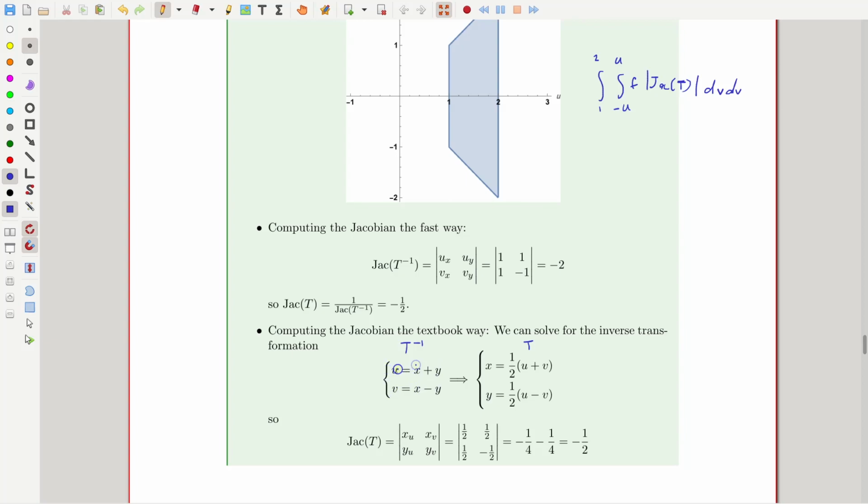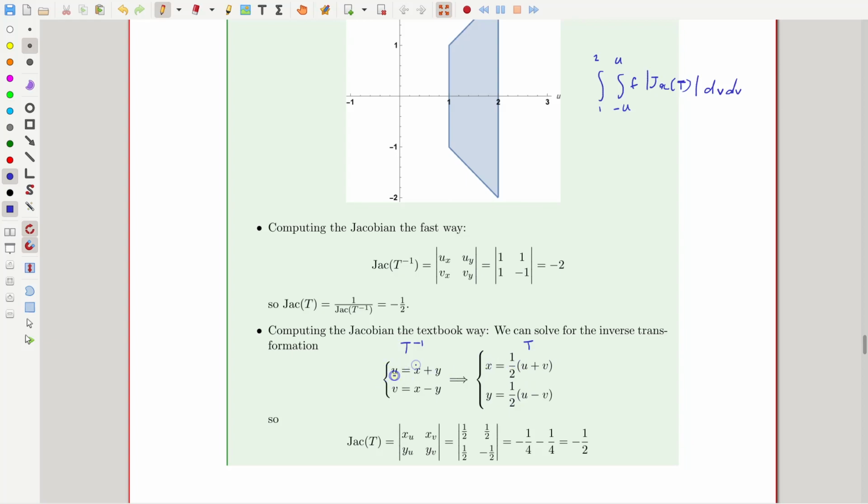If I add these two equations, the left-hand side gives me u plus v. The right-hand side gives me 2x, right? The y's cancel. So we have 2x is equal to u plus v. Dividing by 2, we get x is equal to 1/2 (u plus v), which is the first part of our inverse transformation.